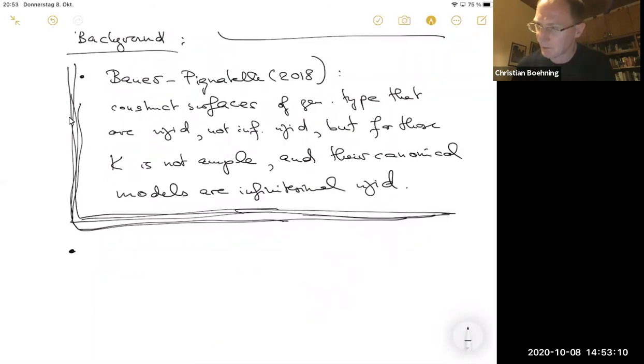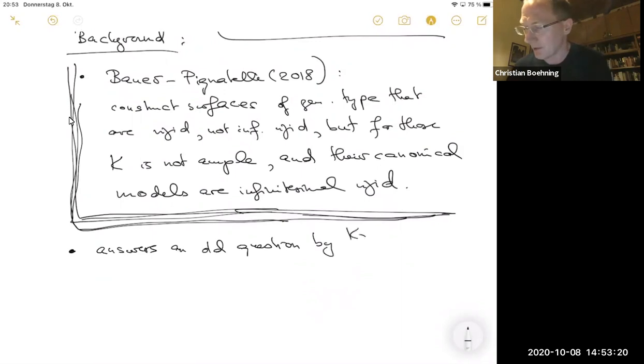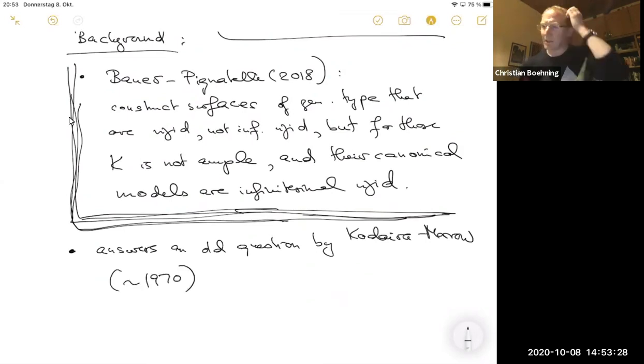Yeah, and let me just say that this answers an old question by Kodaira and Morrow, who around 1970 asked whether there were any examples of rigid but not infinitesimally rigid compact complex manifolds.